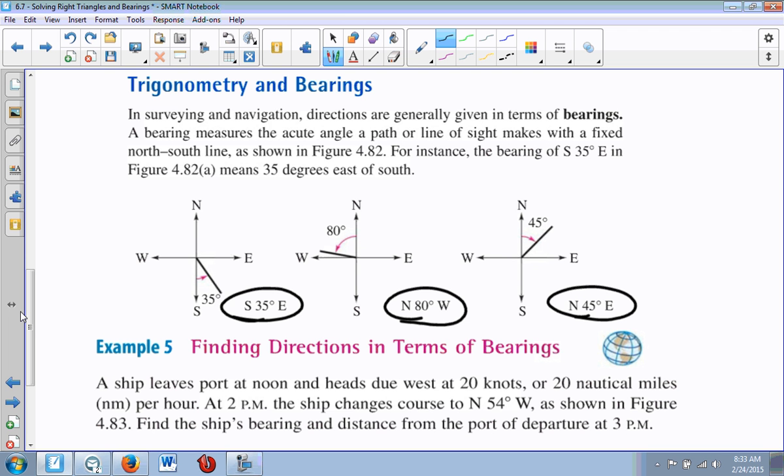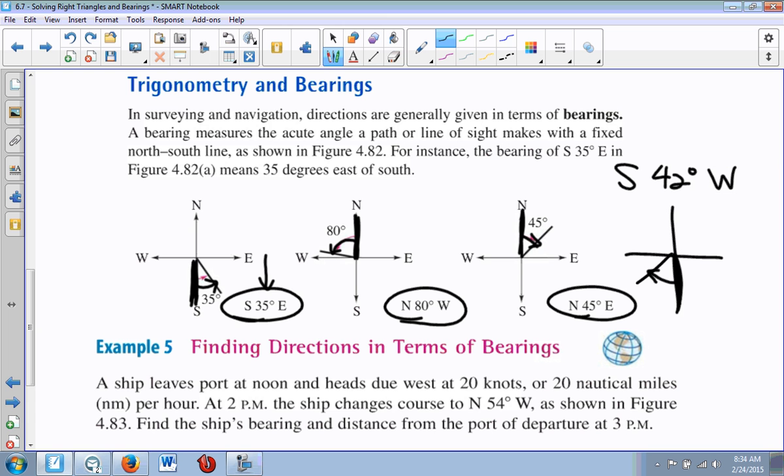So the first one here is south 35 degrees east. So starting from south, we're going to go 35 degrees to the east. The next one, north 80 west, we're starting from the north and we're moving to the west. If I gave you south 42 degrees west, we would start from south and we would move 42 degrees to the west. So that's where the angle in your picture would come from.